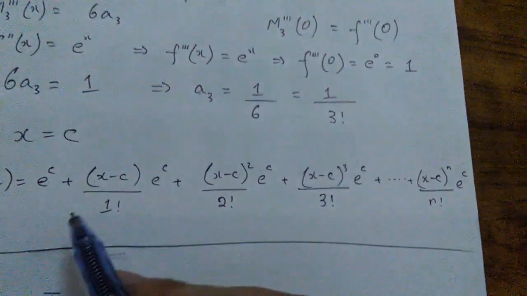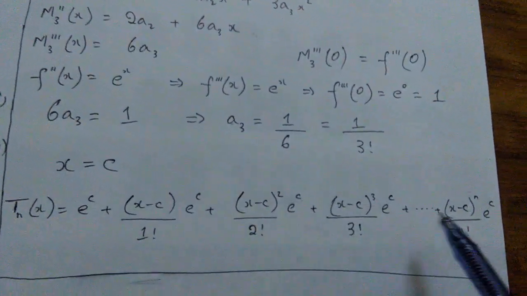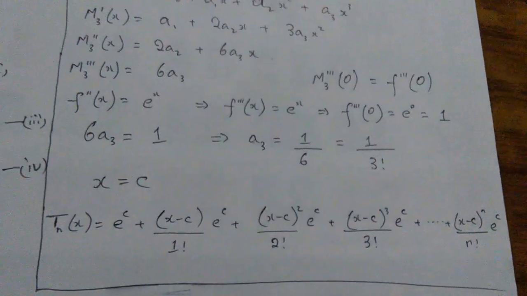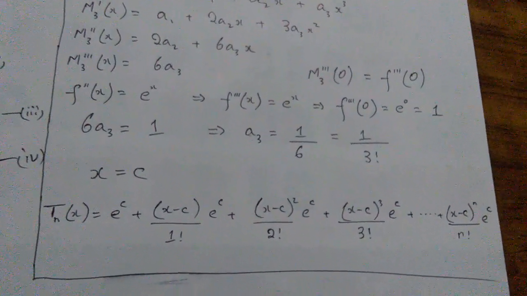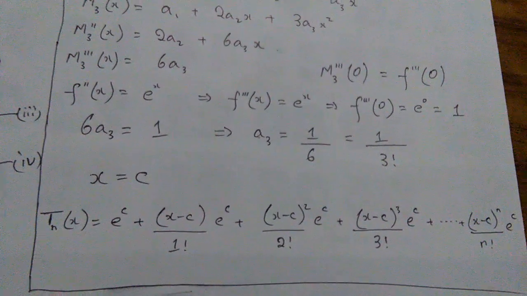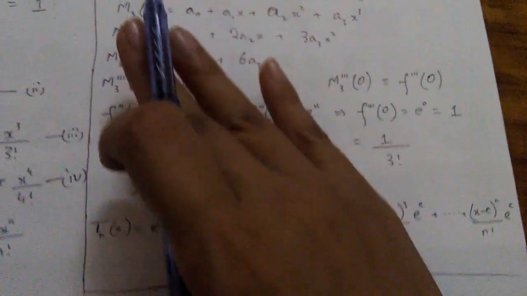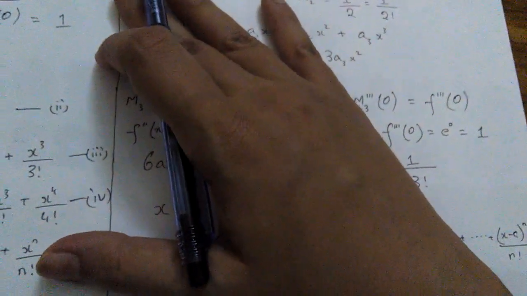This is what you call the Taylor polynomial. Now, as far as how we understand the Taylor series with the help of the power series, over here we have a certain theorem.